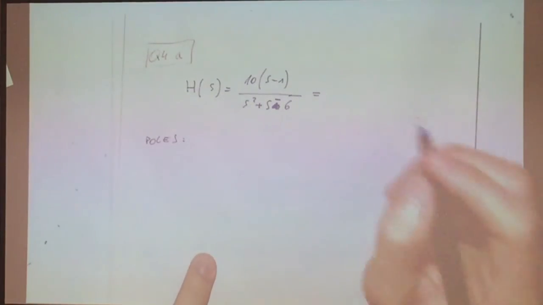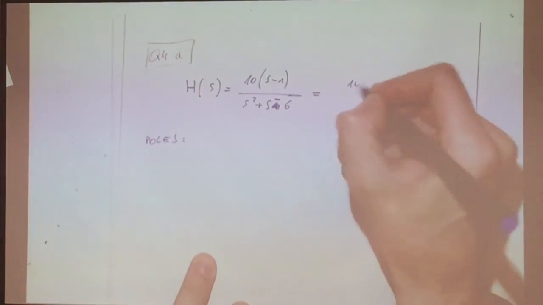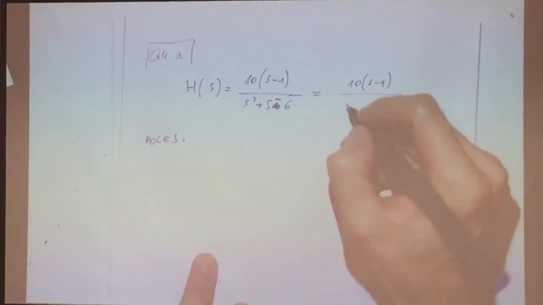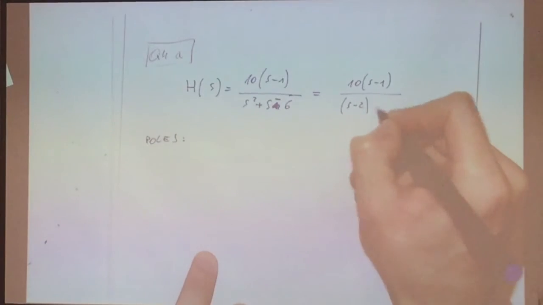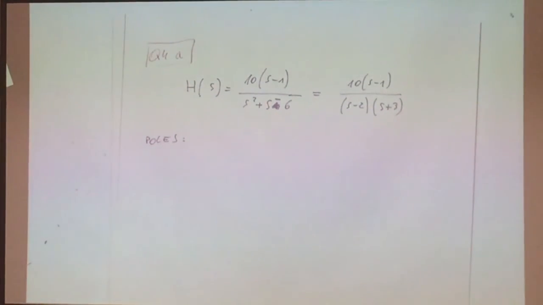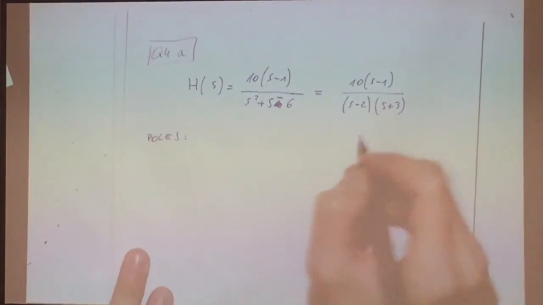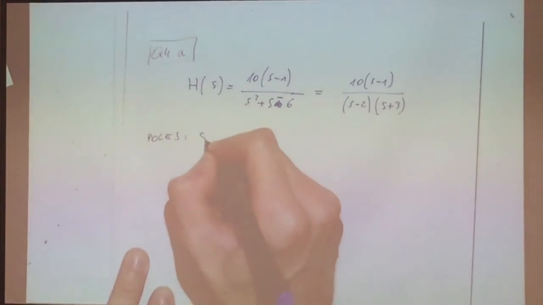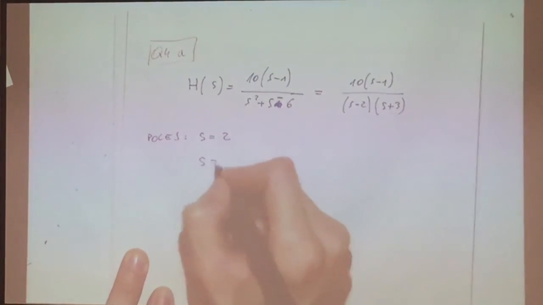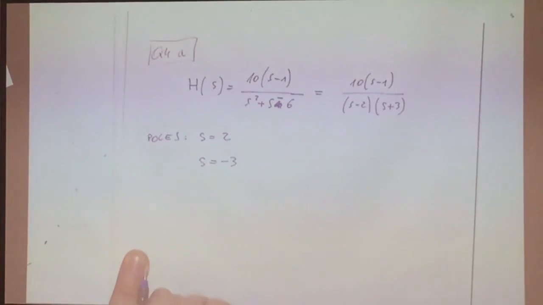You need to solve the second order equation. And if you do so, you can rewrite the denominator as s minus 2 times s plus 3. So what are the poles of this thing? s equal to 2 and s equal to minus 3, right?